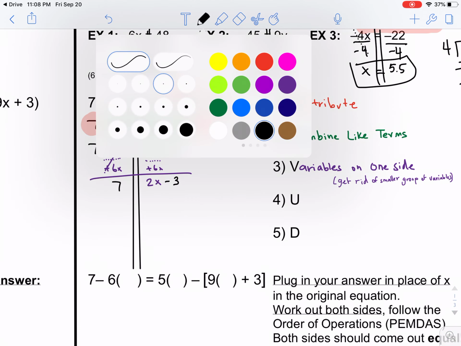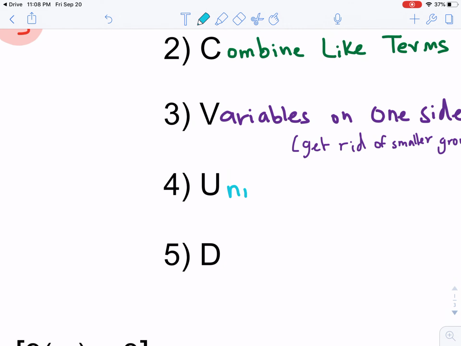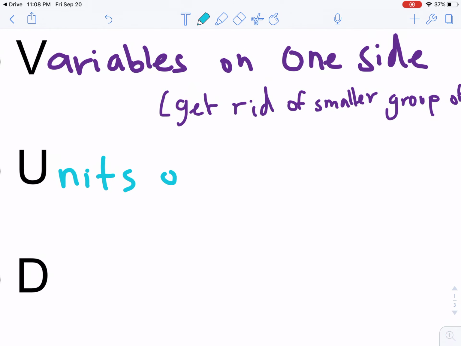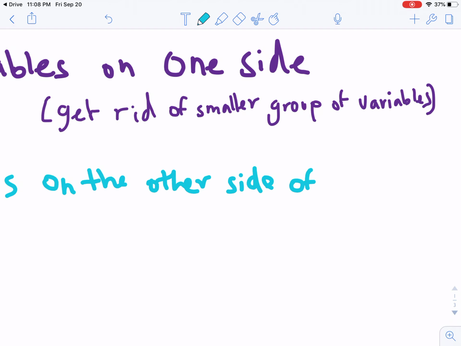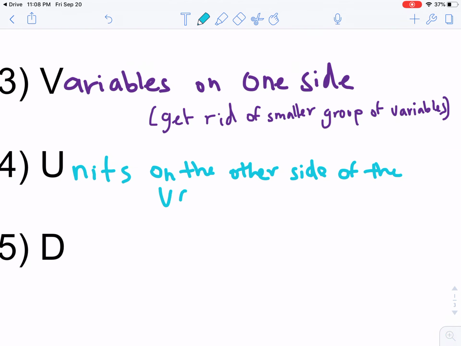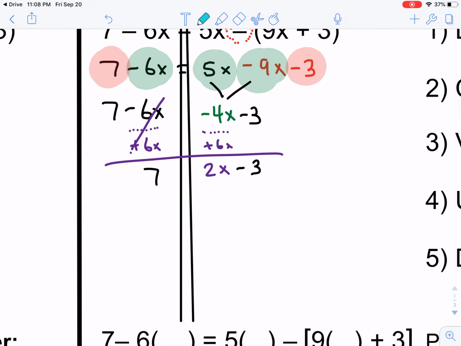Next we want to get the units on the other side of the variables.